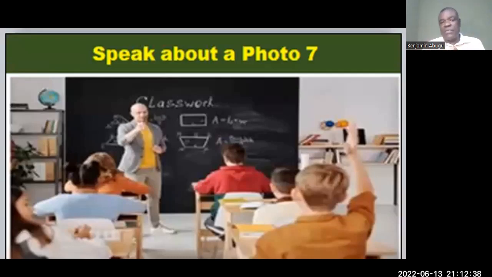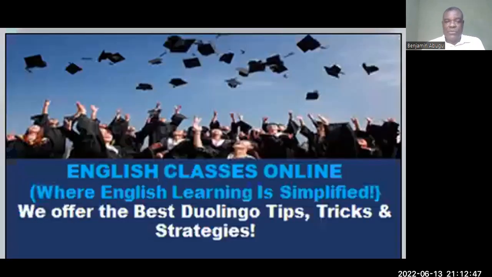Just look at what is in the photograph and attempt to describe it as much as you can. And this is where we'll draw the curtain in today's lesson. I hope you enjoyed the lesson. You can pause this video at any given point in time and try as much as possible to practice repeating the things I have done. Look at the picture and try to describe the picture yourself.